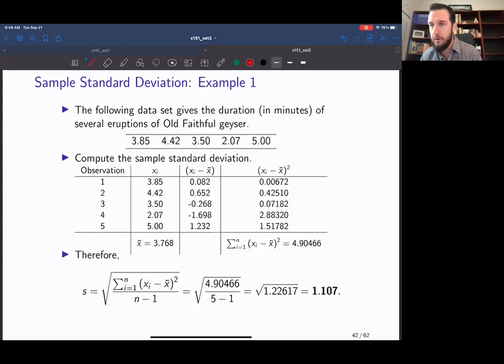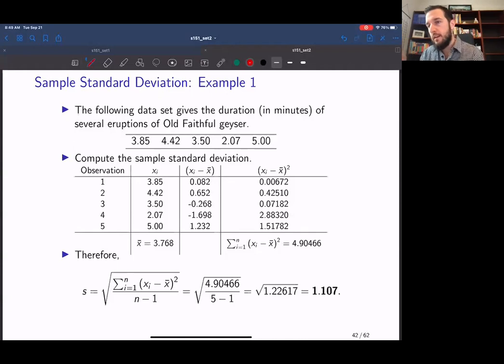X1 is 3.85, X2 is 4.42, X3 is 3.50, X4 is 2.07, X5 is 5.00. We know from our previous work that X bar is 3.768. This is what we calculated 2 or 3 slides back.